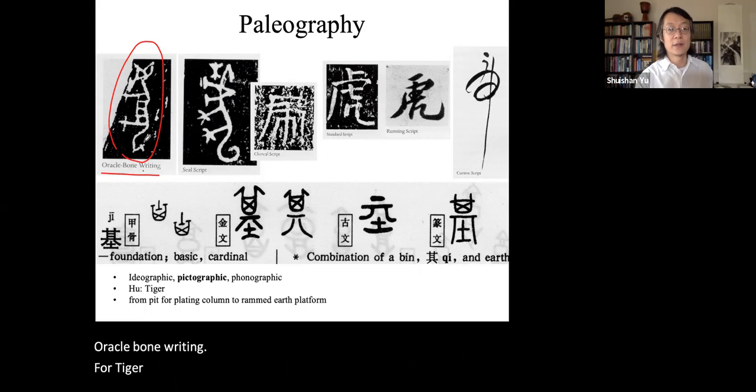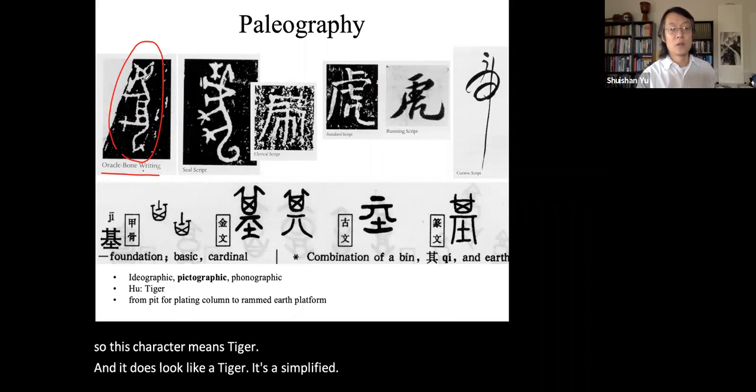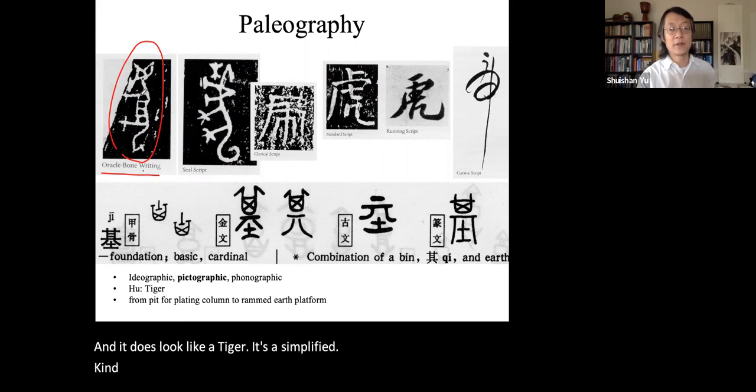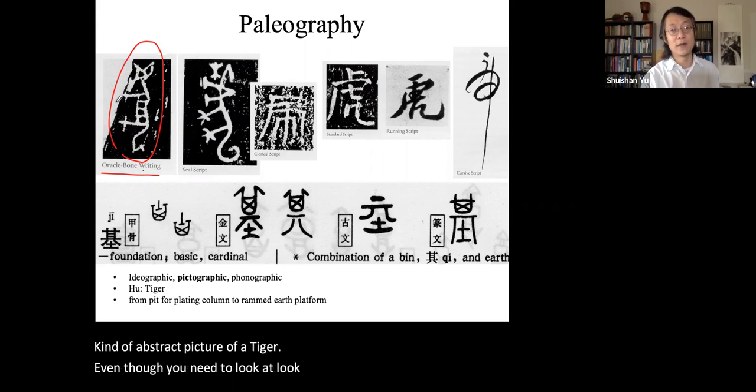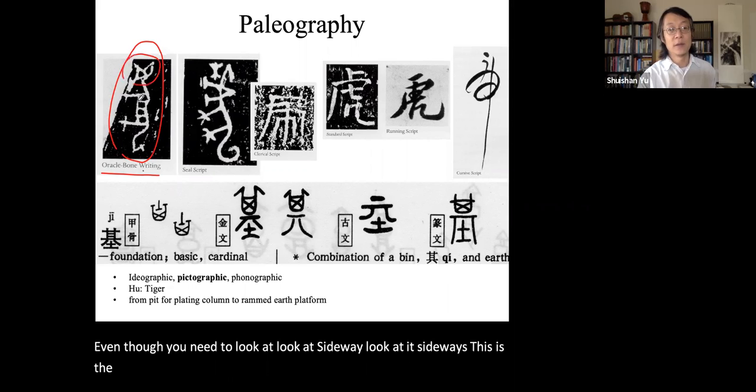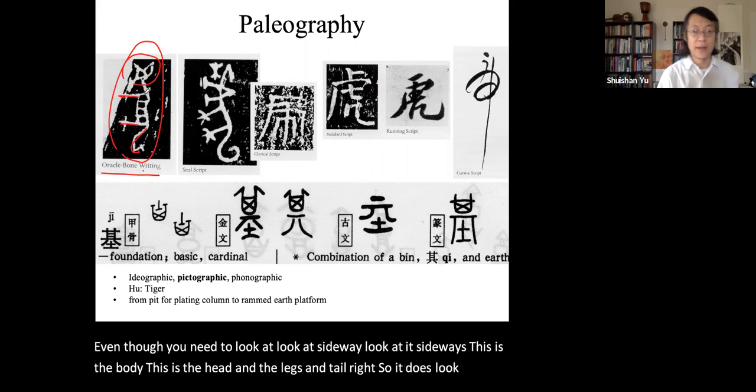So this character means tiger, and it does look like a tiger. It's a simplified, kind of abstract picture of a tiger. Even though you need to look at it sideways. This is the body, this is the head, and the legs, and the tail, right? So it does look like some kind of beast, animal.